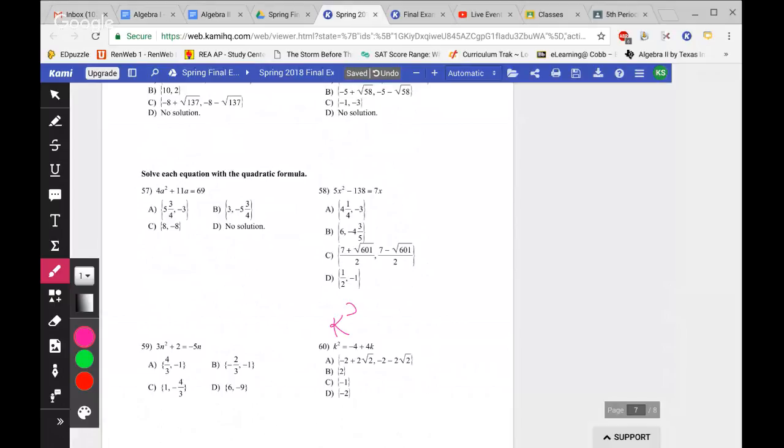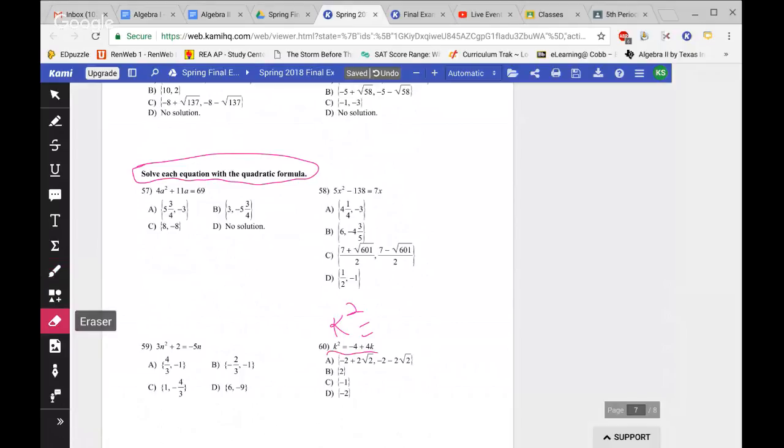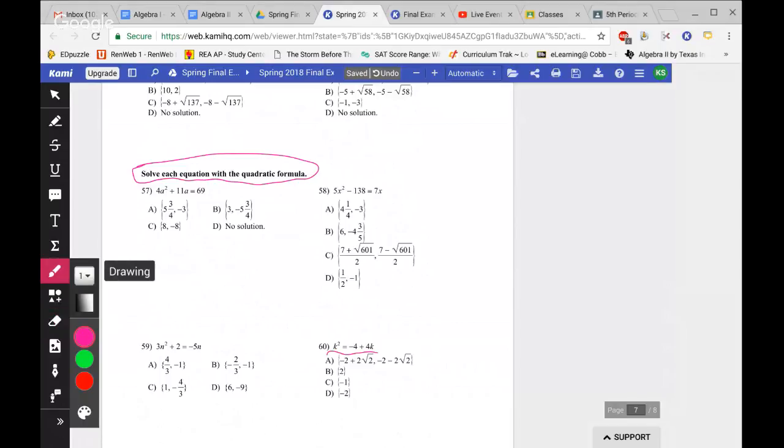I've got k squared. I'm going to put this in standard form because that's the very first thing you want to do. Our instructions are solve each equation with the quadratic formula, but you can't use the quadratic formula until everything's in standard form. I'm going to move the 4k and the minus 4 to the other side. You can't just move it; you have to do the opposite of the operation.